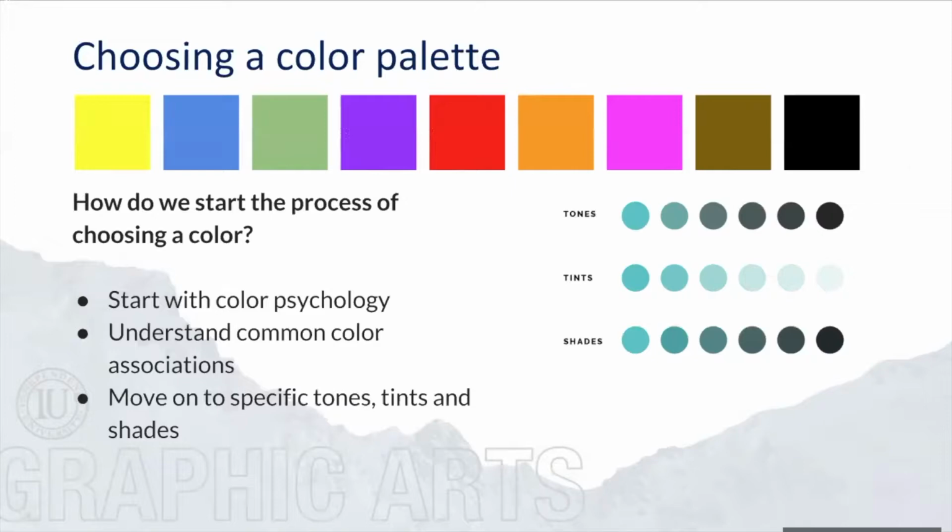Blue is perceived as trustworthy, loyal, dependable, serene. It's a really popular color with financial institutions: IBM, Citibank, Chase, also social media sites, Facebook, Twitter, LinkedIn, due to its message of stability and trust.